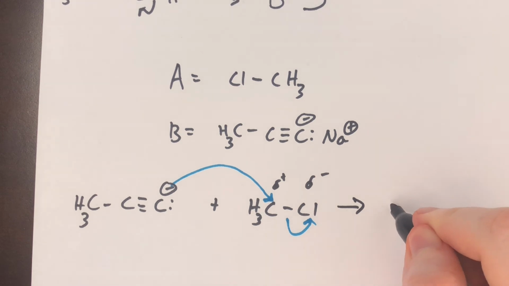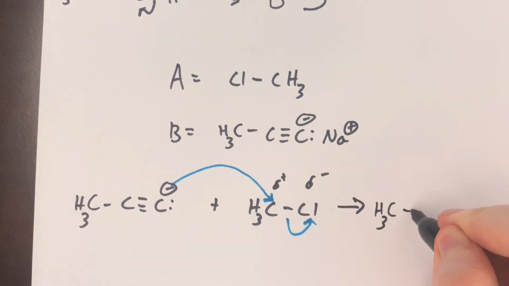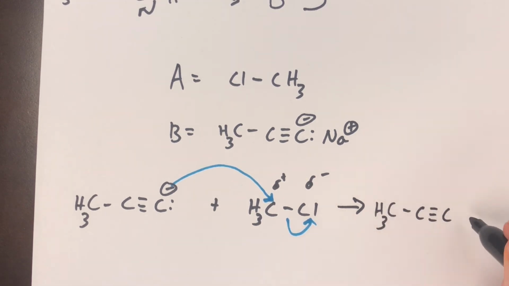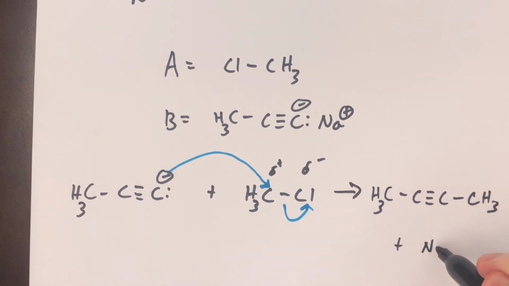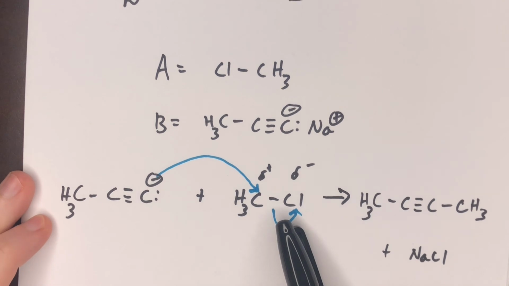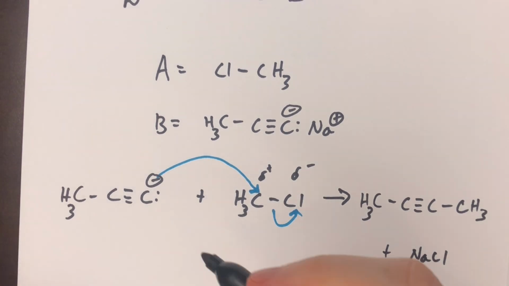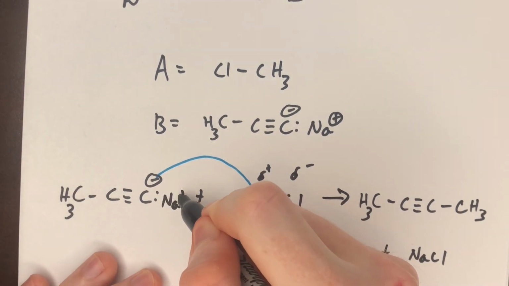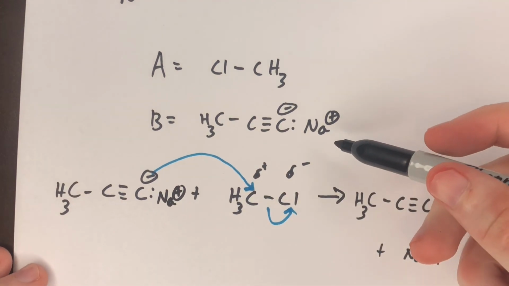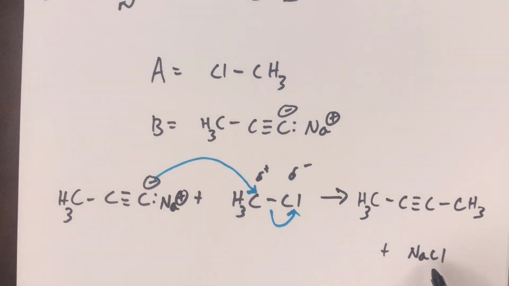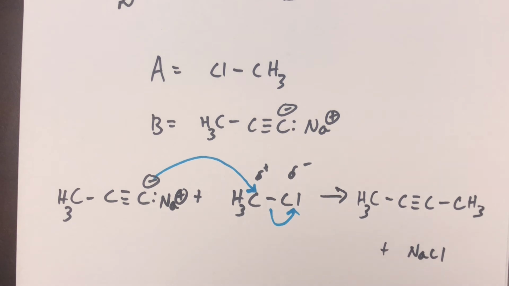So the final product in this case is methyl group, internal alkyne, bound to the CH3. And then as a byproduct, we have sodium chloride, because we dumped chlorine as a leaving group. So this would be a Cl negative, and then we have our original sodium that I should have included here to balance the charges that I show in B. That is where this NaCl is coming from.